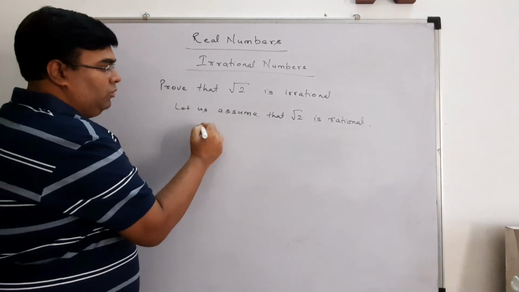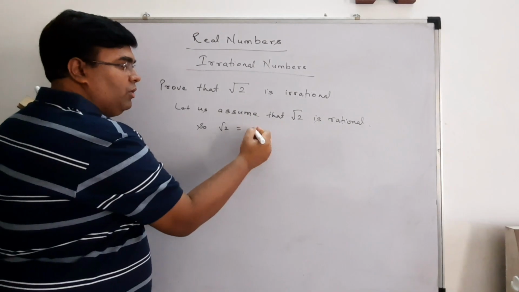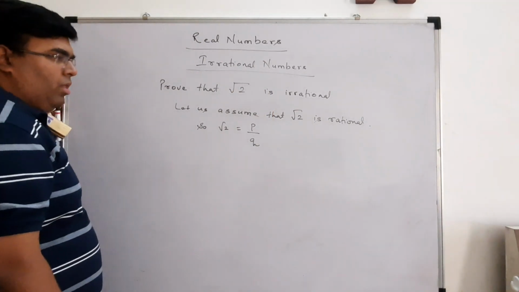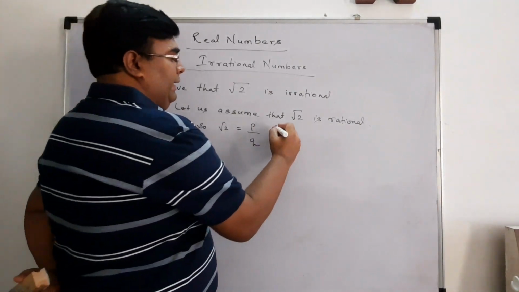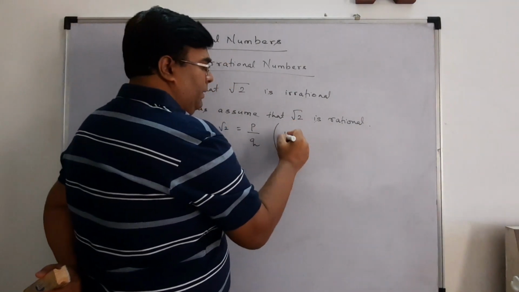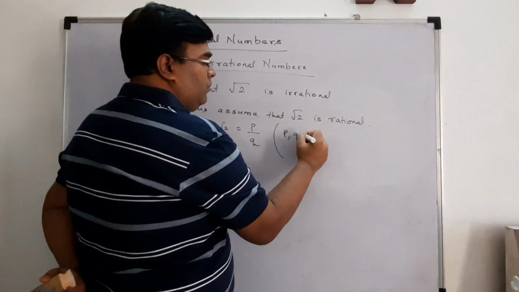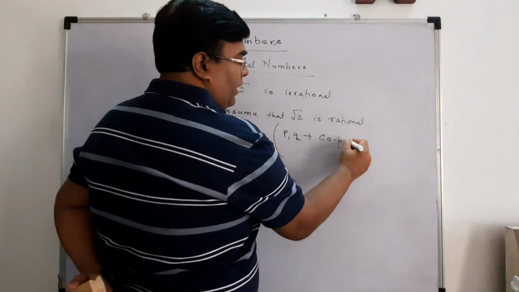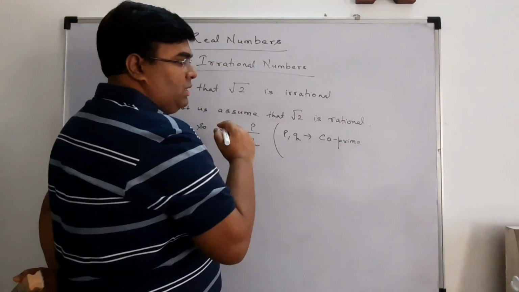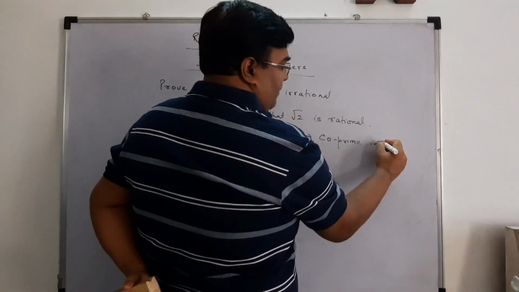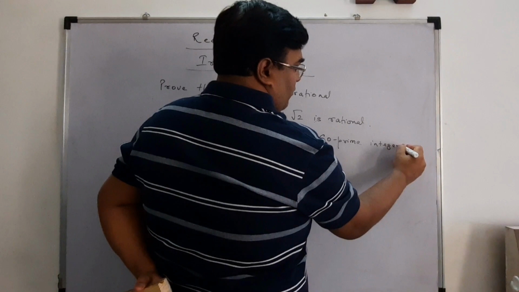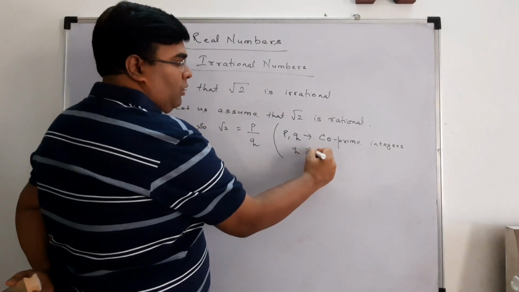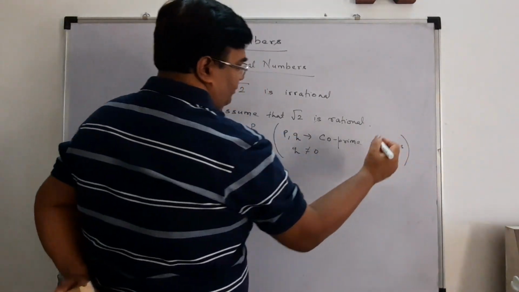So root 2 is equal to some p by q, and you need to write here that p and q are co-prime integers, and q should not be equal to 0.